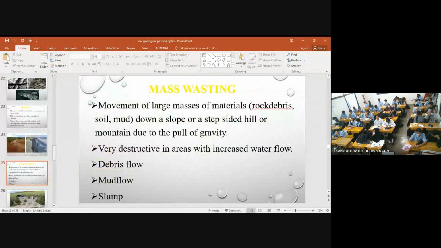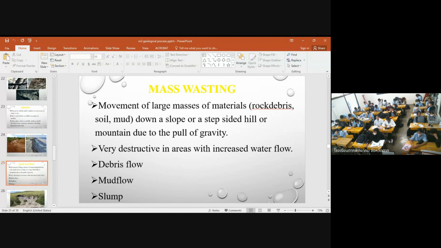Next, we have mass wasting. We have the movement of large masses of material, rock debris, and soil down a slope or a steep-sided hill or mountain due to the pull of gravity. It is very destructive, or very dangerous, in areas with increased water flow.